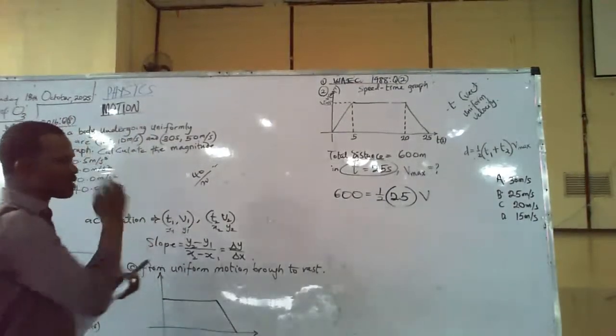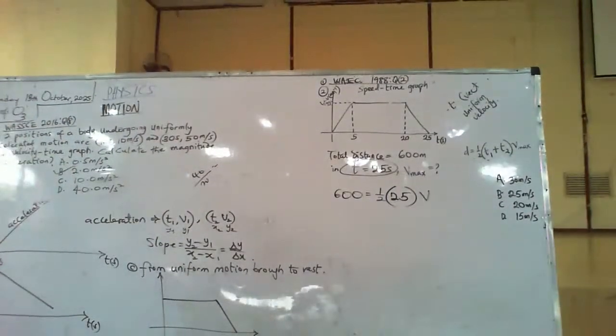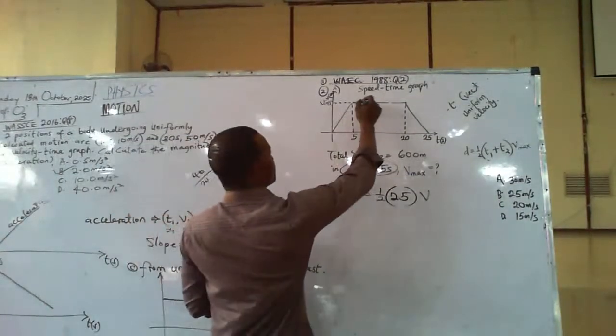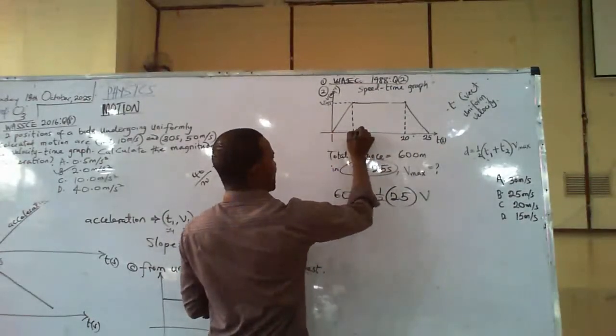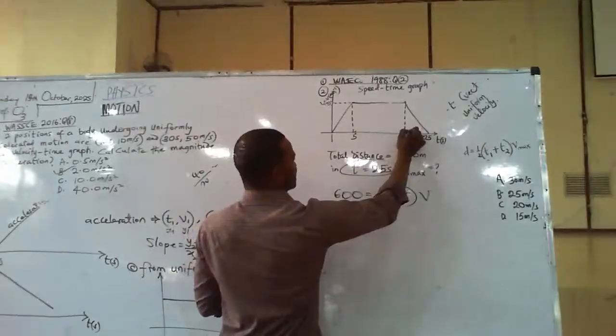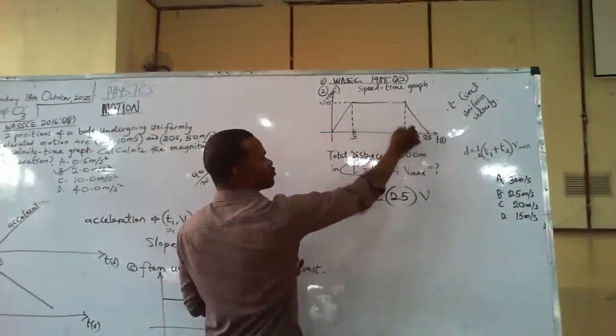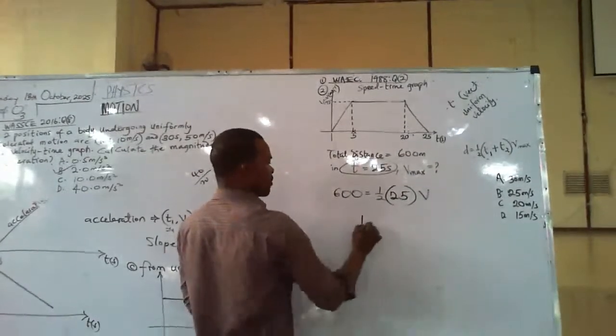Okay, I get what is going to happen here now. Let's use my initial ideology. The ideology is that from here to here is 5. From 0 to 20, you have to remove this 5 from 20. That's your T1.